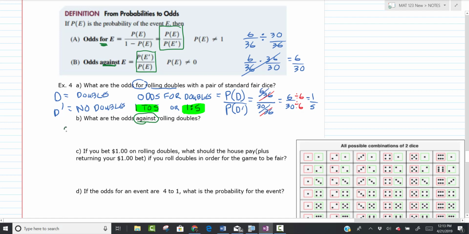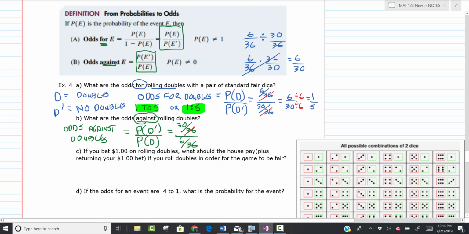So it goes like this. We would say the odds against doubles. I'm going to crunch out the formula, even though you can get the answer in your head. It would be the probability of not getting doubles divided by the probability of getting doubles. The probability of not getting doubles is 30 out of 36. The probability of getting doubles is 6 out of 36.